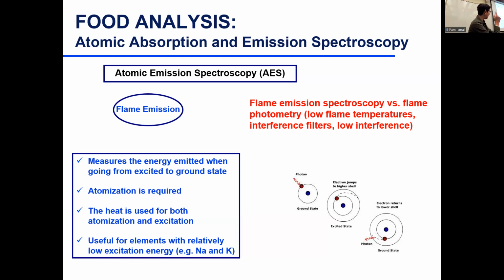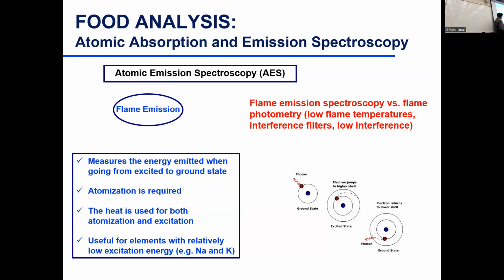Okay, in emission, here in flame emission, the flame atomizes and the flame excites at the same time. And it's only used for elements that have low excitation energy, like sodium and potassium. They can get excited or go to excited state at low excitation energy.